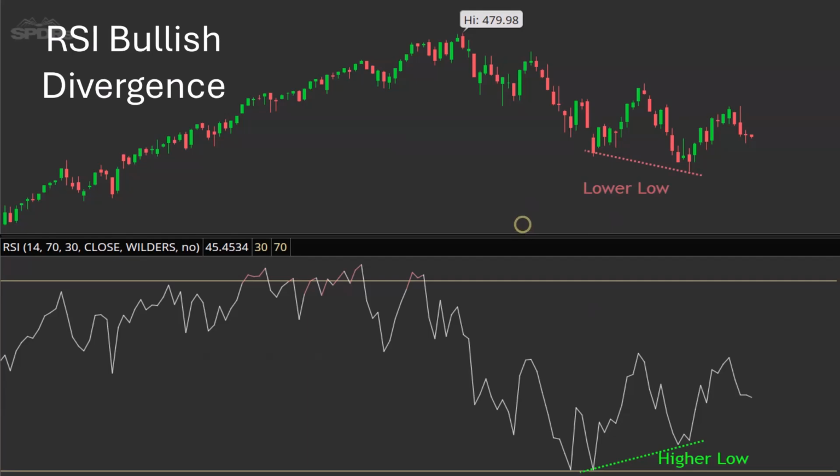Divergence is when price is doing something different than the indicator is doing. And it's really based on support and resistance. When you see support establish a lower low, but the indicator is establishing a higher low, the indicator is picking up some momentum shifts that you may not be seeing on the chart.